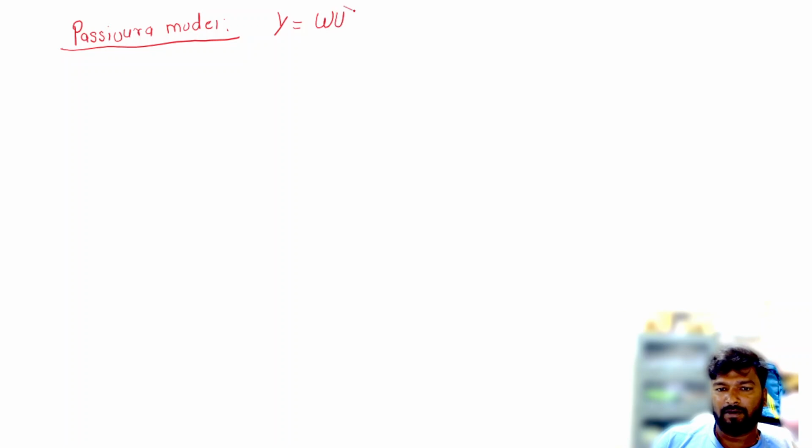Now there is one scientist known as Passioura, who proposed a model in which the formula is Y equals water use into water use efficiency into harvest index. It is also, second way we can say, Y equals T into TE into HI. Okay.